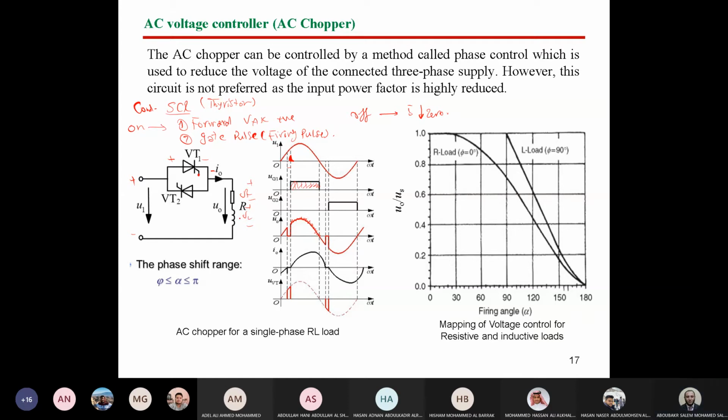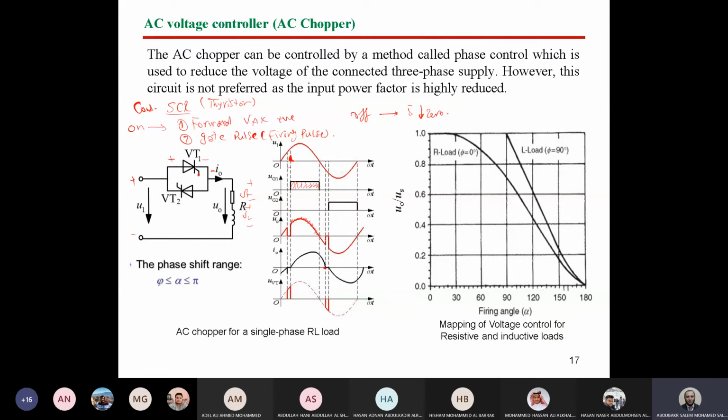So for the RL load, you will find that the current will not fall to zero at this instant, Shabab, but after that. It will take some extra period according to the time constant of the load, which is L over R. As you can see, the current falls to zero at this point. So at this point, the thyristor will be turned off. If the thyristor is turned off here, there will not be a current flow and the output voltage will fall to zero.